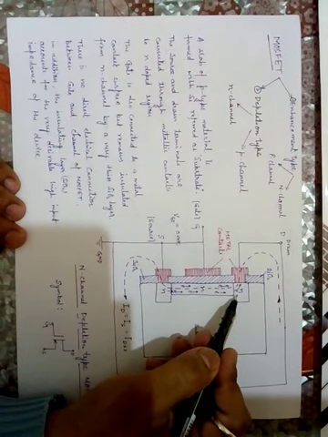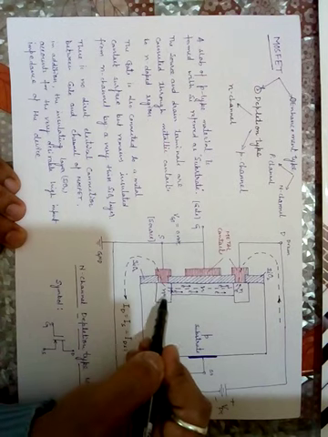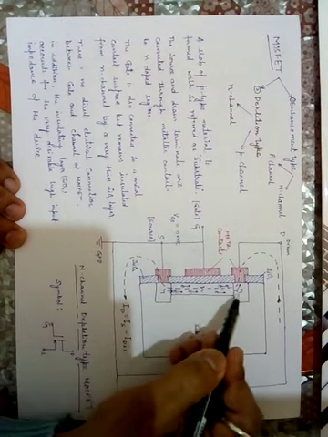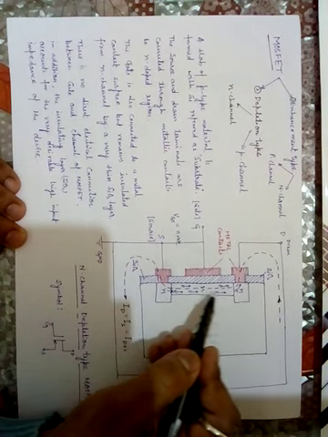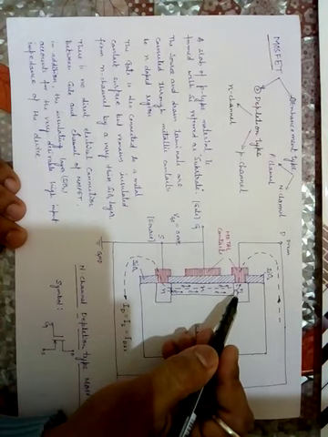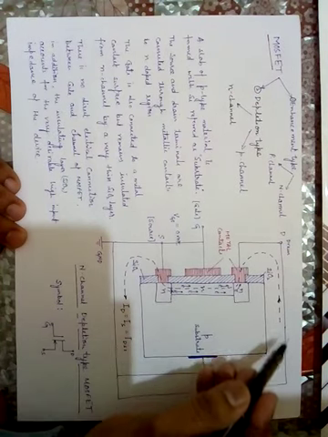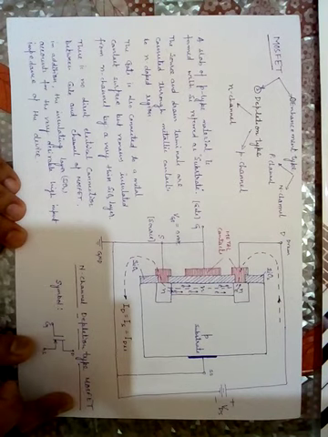This is N, this is N, this is N. All of this together is called the N type channel. Inside the N region electrons are the majority, and because of electron flow the current is calculated. That is why it is called an N channel depletion type MOSFET.